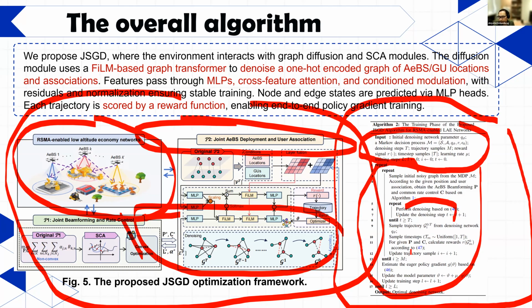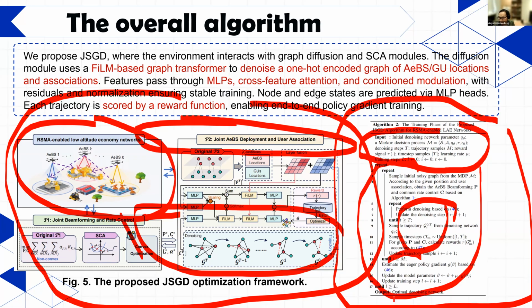And then we follow the standard steps of the generative diffusion model by trying to denoise based on the multi-layer perceptron network that is able to generate the different graph.